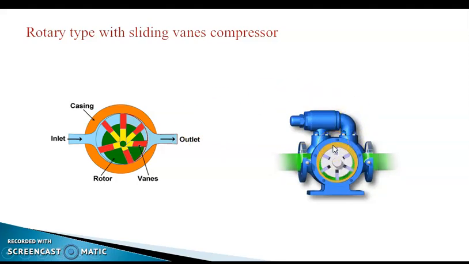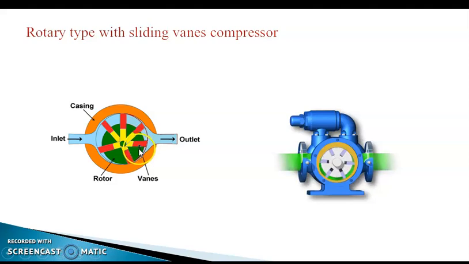Let's come to the working principle of this rotary compressor. The low pressure and low temperature vapor refrigerant from the evaporator is drawn through the suction port. As the rotor turns, the suction vapor refrigerant is entrapped between two adjacent blades. Here you observe at the suction port the volume between two adjacent blades is increasing.